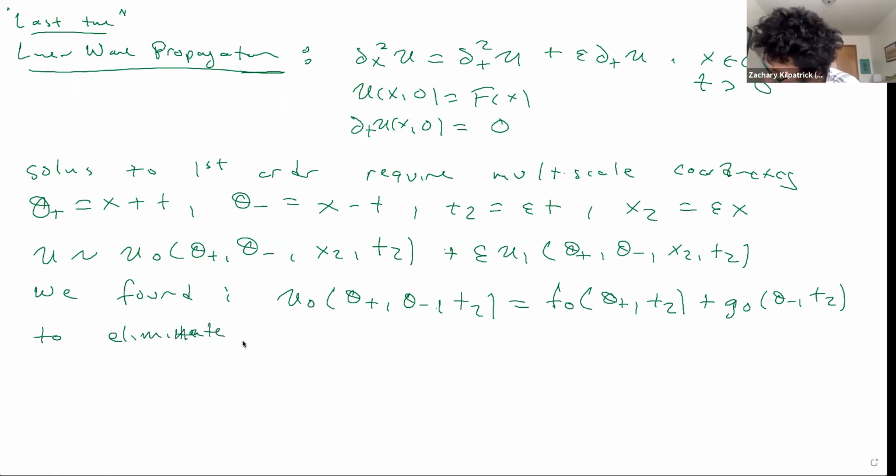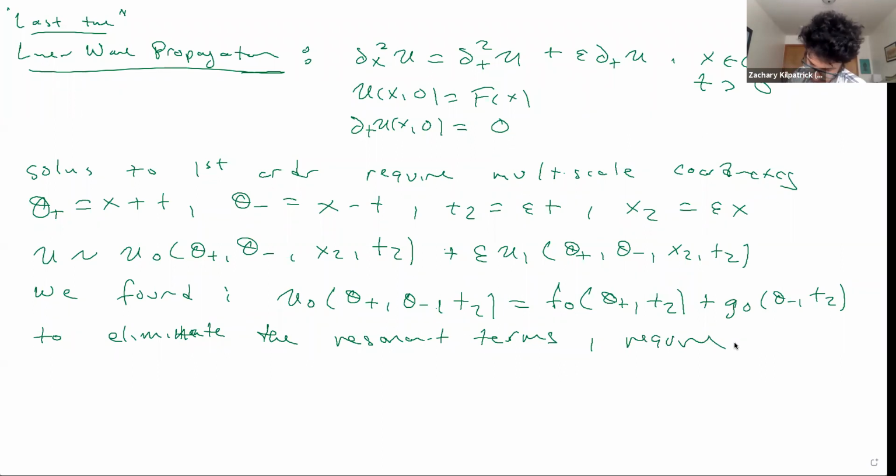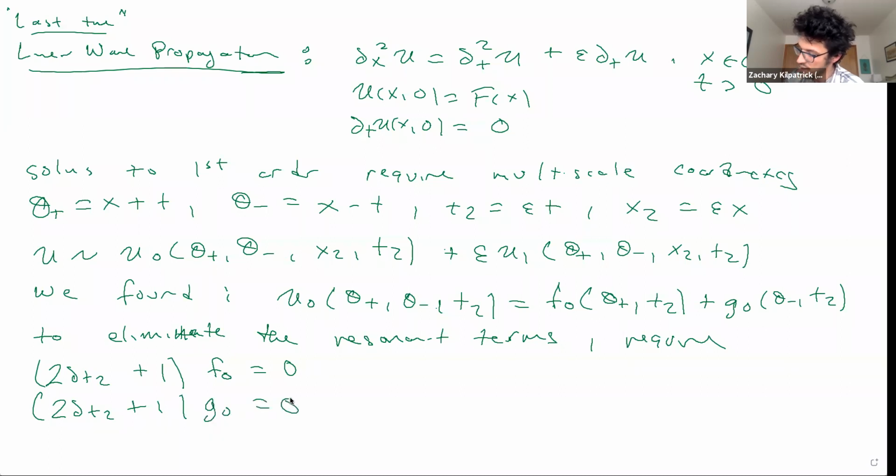And in particular, to eliminate the resonant terms, where you can have resonance here because you have a second order time derivative, a second order spatial derivative, you're going to have to require that d/dT2 plus 1/2 f0 is equal to 0, and also d/dT2 plus 1/2 g0 is equal to 0.